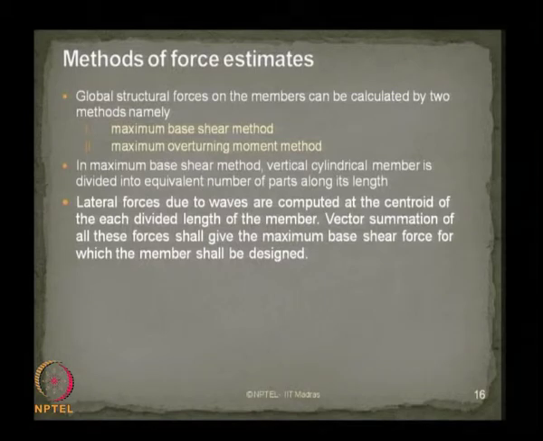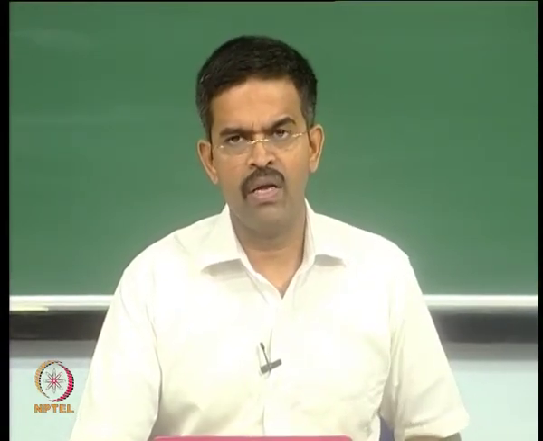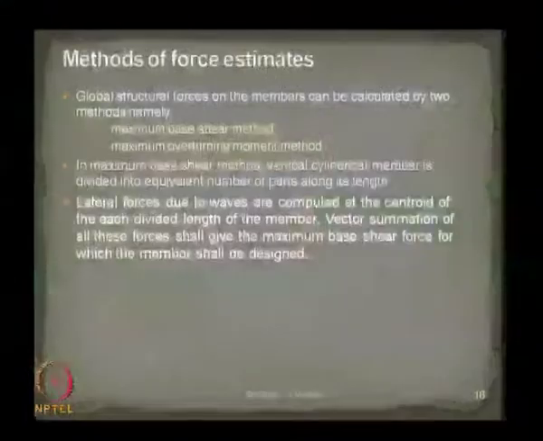Then we do a vectorial summation of all these forces, which will give what is called maximum base shear, for which the member shall be designed. So, since this method accounts for the summation of lateral forces acting at the centroid of every segment of the member along the length, which becomes a base summation of all the forces at the bottom, we call this method the base shear force method.